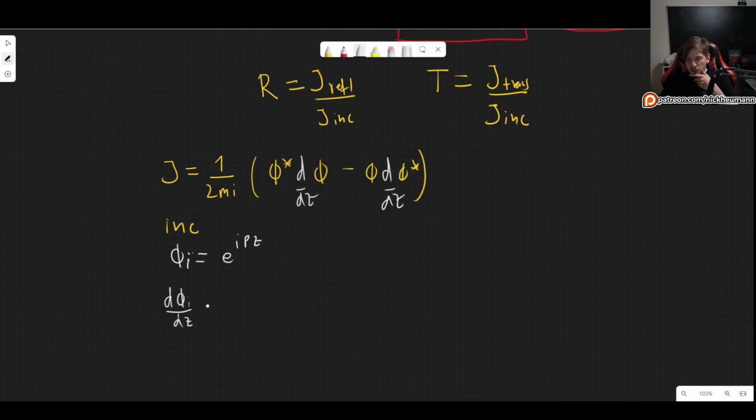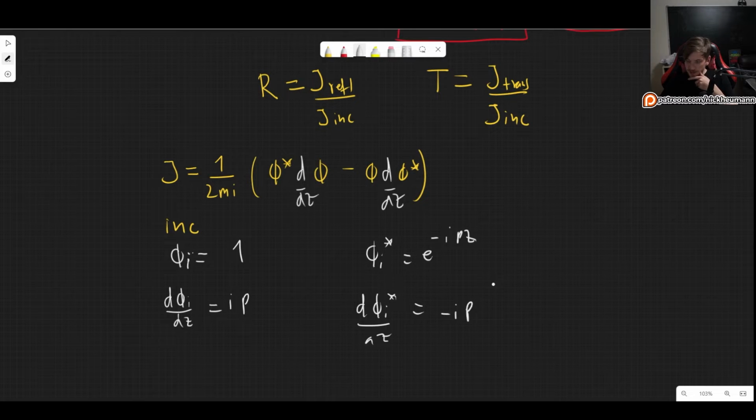So here we take the derivative, we get ip e to the ipz, but we evaluate at 0, and this is 1, and this is also 1. Then we have phi conjugate, which will be e to the minus ipz, and the derivative dz will simply be minus ip times the exponential, which will be 1 because the exponent is 0.